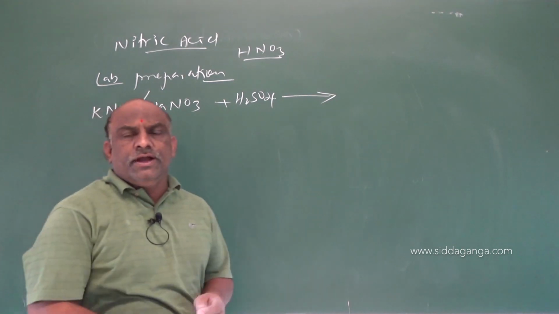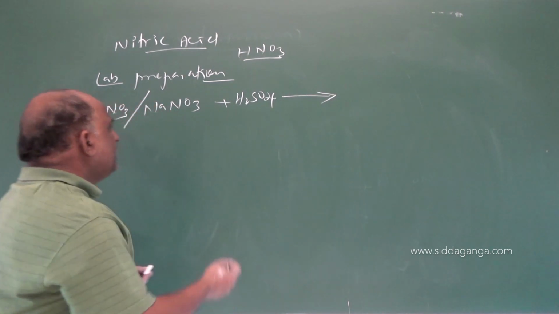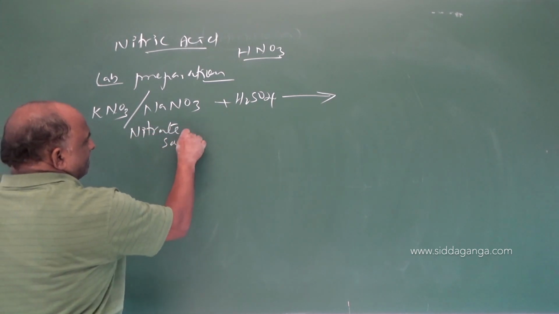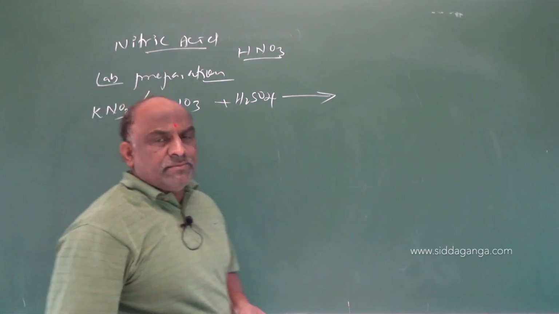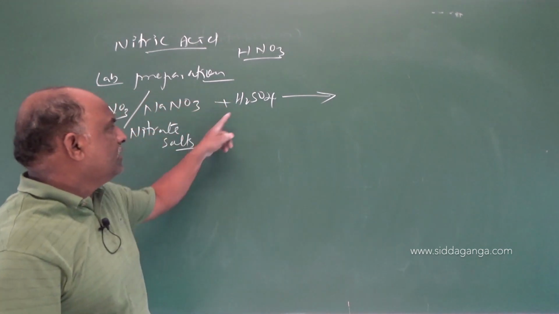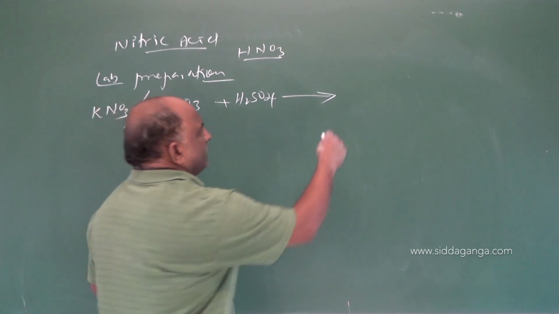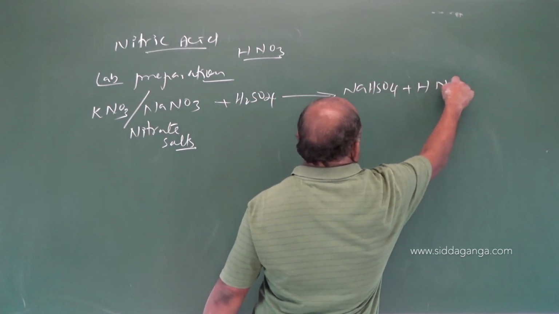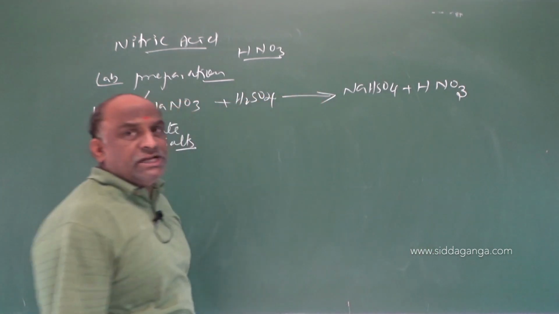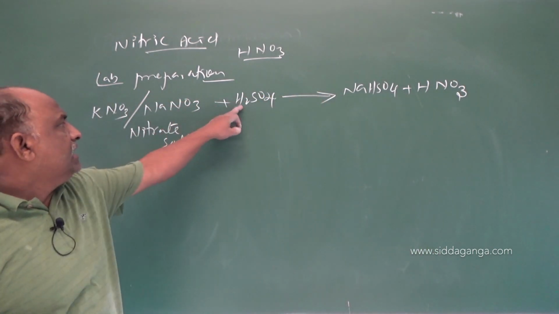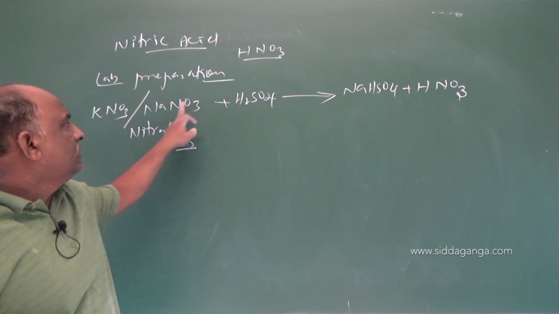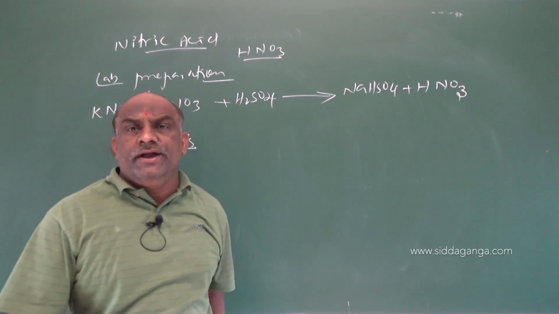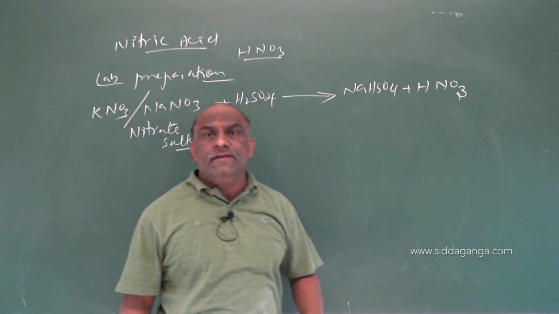KNO3 means potassium nitrate; these are called nitrate salts. Potassium nitrate or sodium nitrate salts are treated with sulfuric acid. Then we get NaHSO4 and the compound HNO3, nitric acid; the remaining is NaHSO4, sodium hydrogen sulfate. This is the preparation found in the laboratory.